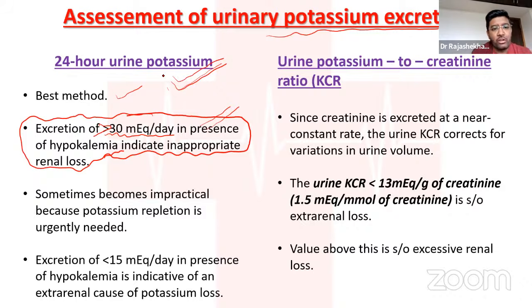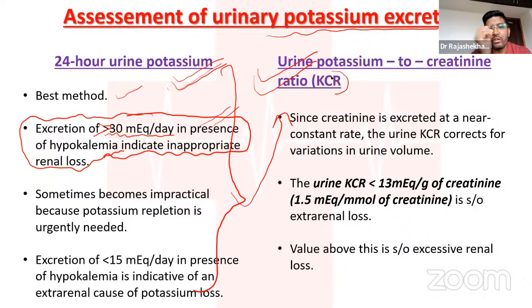That's why spot urinary potassium tests have become very, very common nowadays. To avoid this cumbersome procedure, we usually measure the urinary potassium creatinine ratio. To compensate for the 24-hour urine, because creatinine is excreted at a near constant rate, the urine KCR corrects for variations in urine volume.